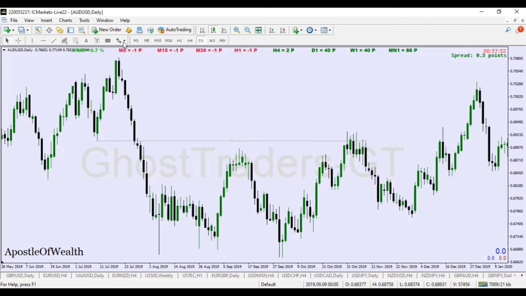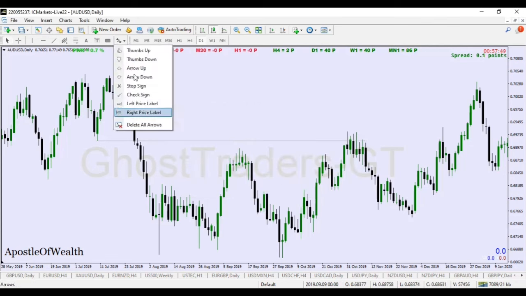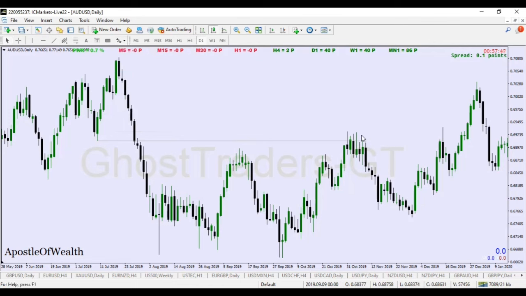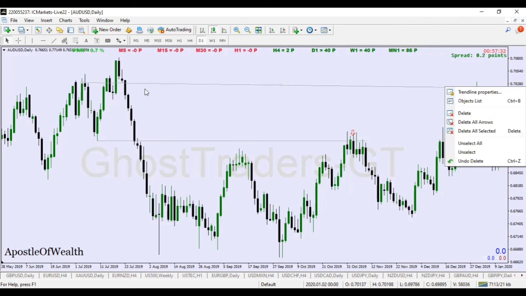That means when price gets to this level, we're gonna sell at this level. And then we also have something here which is our QML.